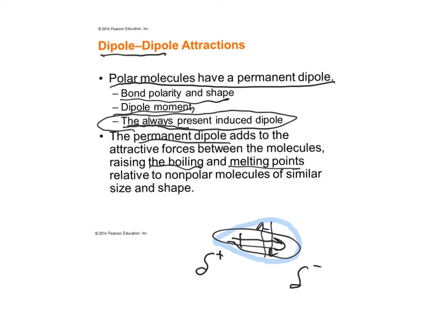But if you compare the same molecular weight, say, of a nonpolar to a polar, and they both have the same molecular weight or really close, the nonpolar molecule is going to have a lower boiling point and a lower melting point than the polar molecule with the same number of atoms.